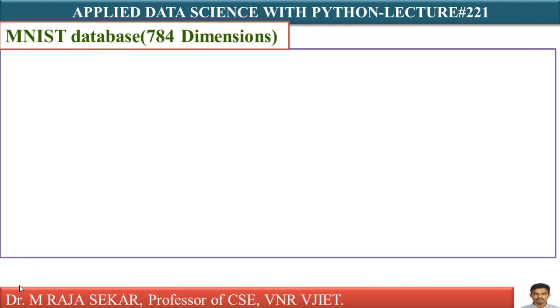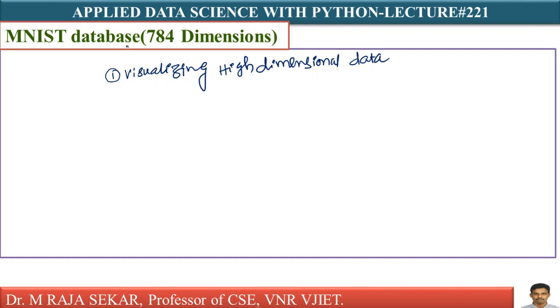In this lecture, we will try to understand the MNIST database, which has 784 dimensions. We will try to understand a concept known as visualizing high dimensional data.